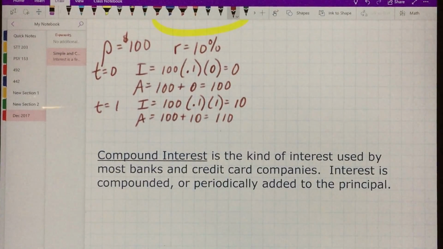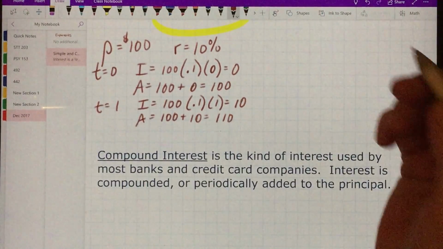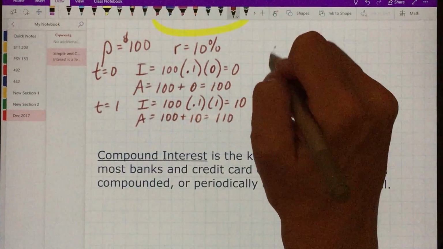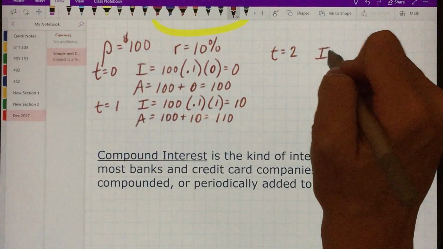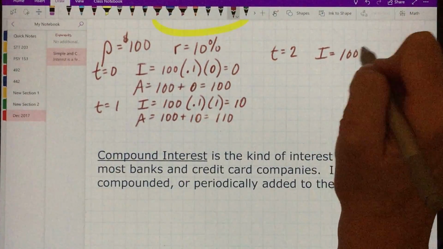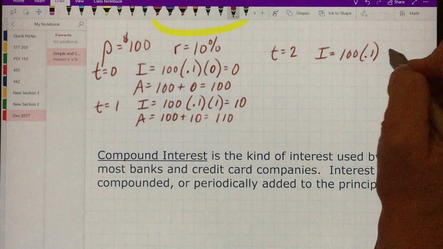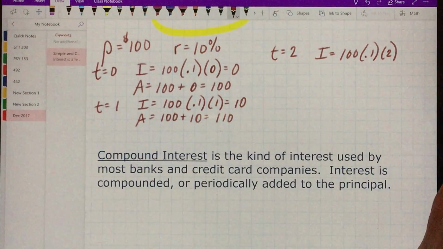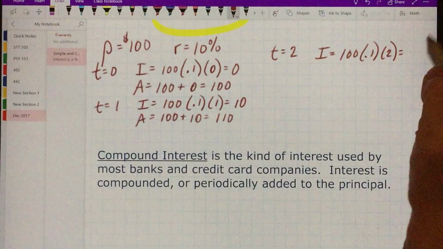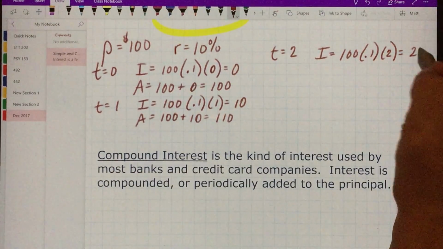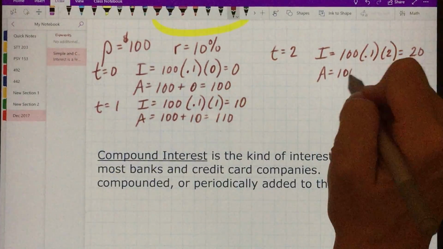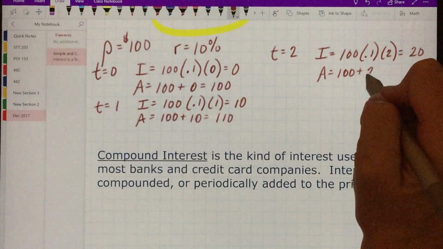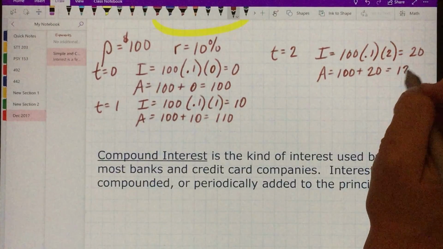But what if you keep the money for longer? So let's say you keep the money for 2 years. Then the interest is 100 times the rate times 2 years, which is going to be equal to $20. And the amount paid back is 100 plus the 20, or 120.